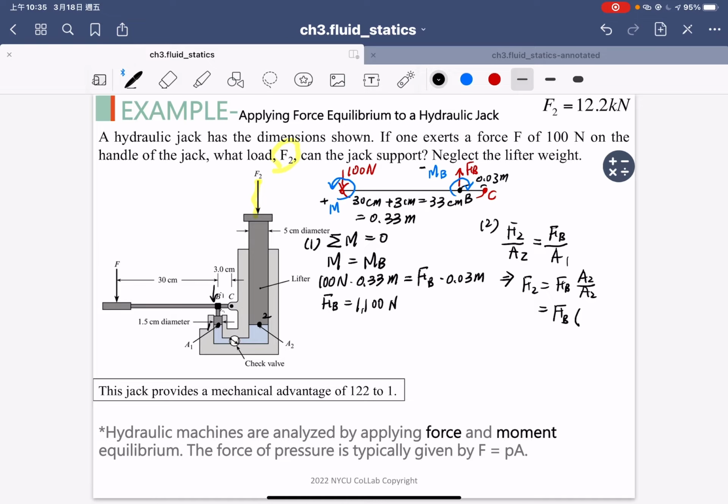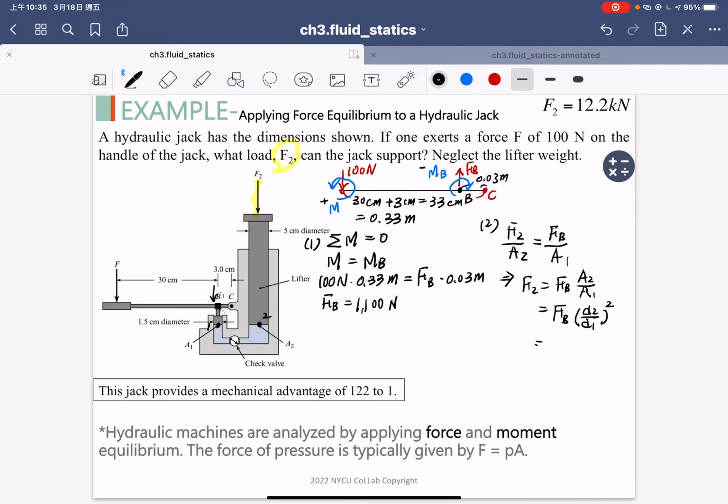So here we have D2 divided by D1, and because of the area, we have the square of the diameter ratio.